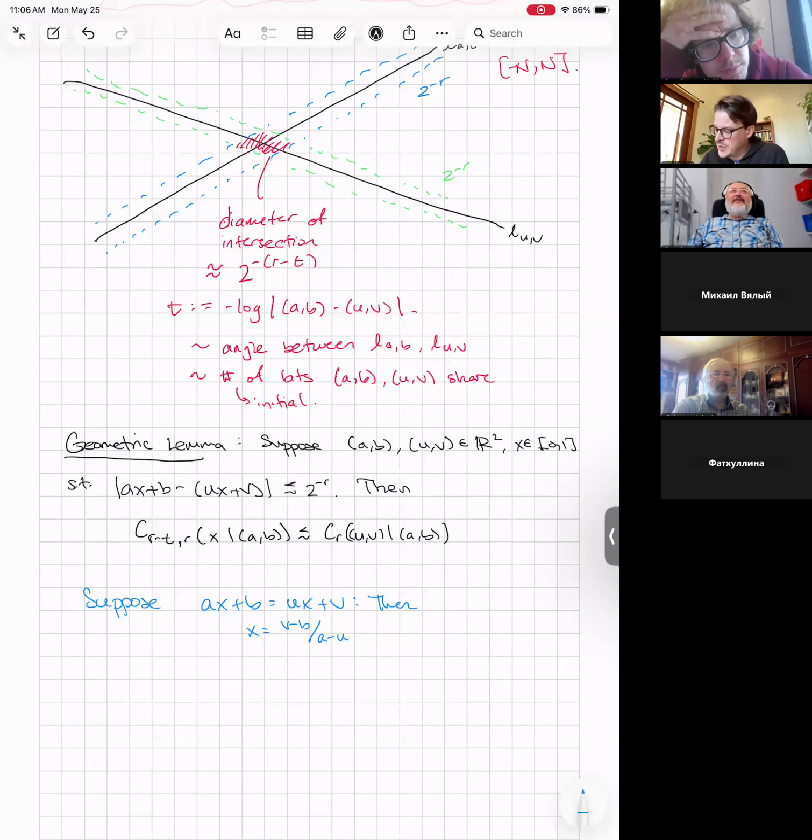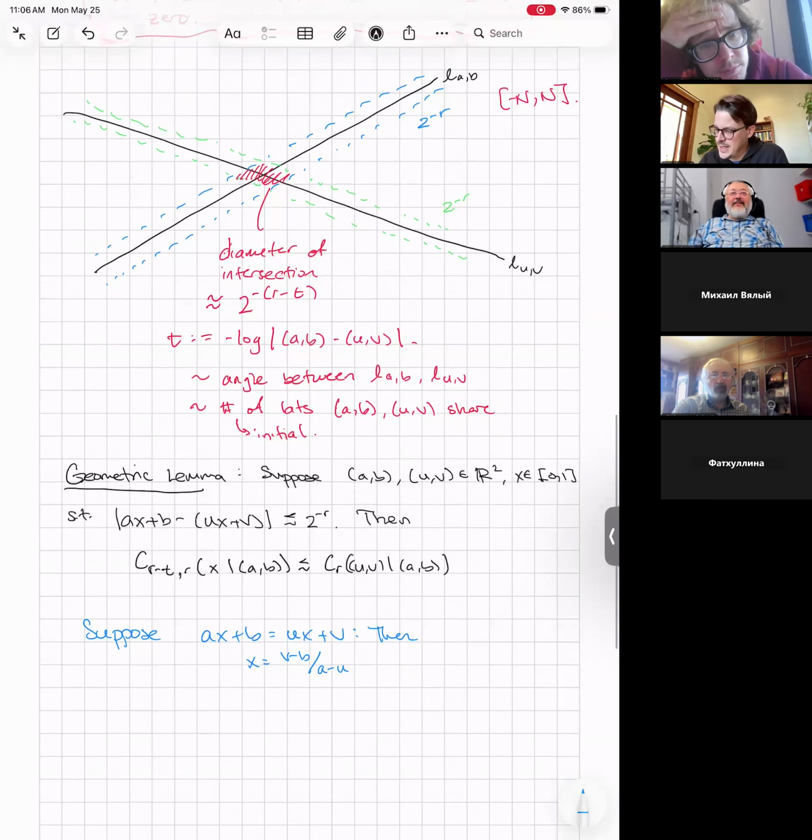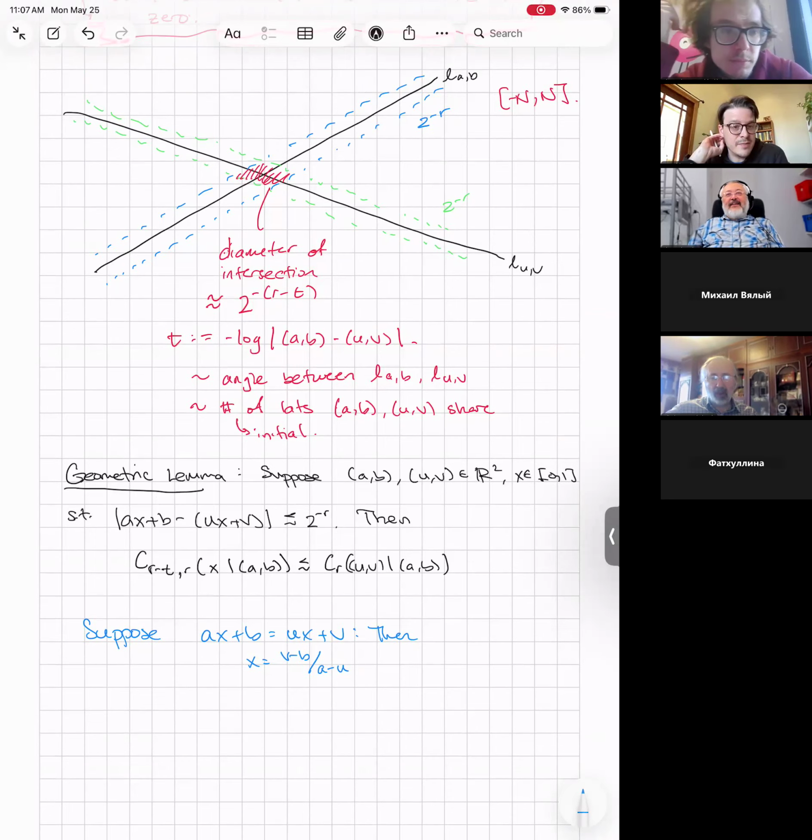So this is the geometric idea. To actually prove this, you can just use algebra, the system of linear equations. If ax plus b is equal to ux plus v, then the intersection is given by the difference between v and b, divided by the difference between a and u.